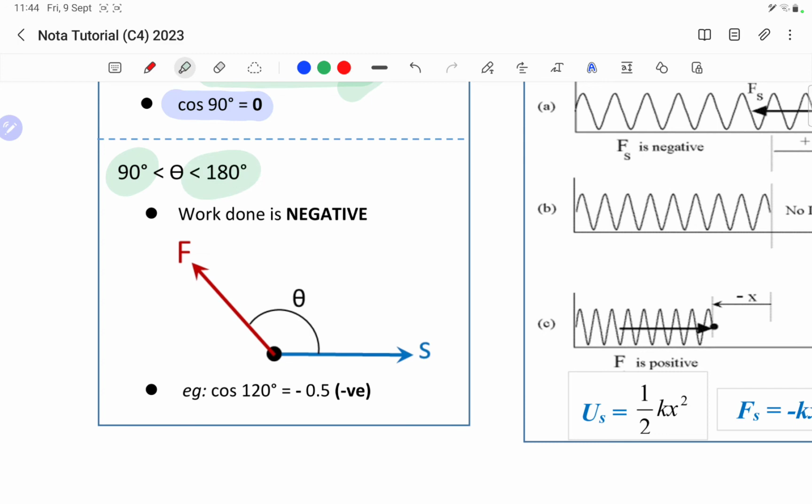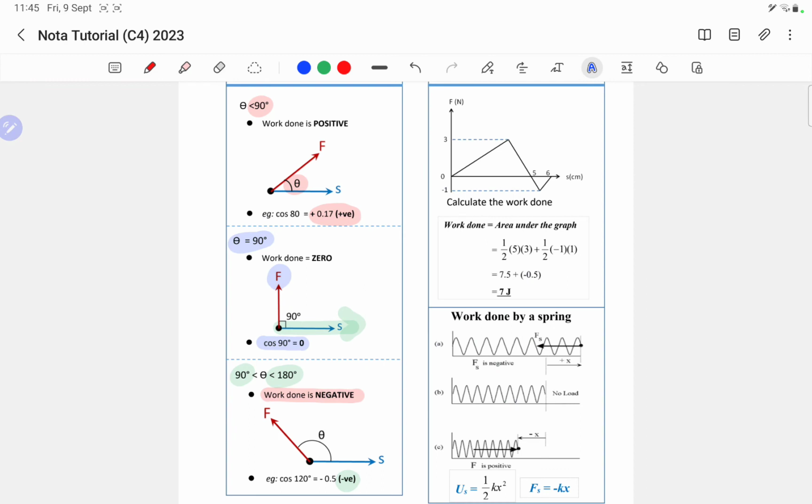Cos 180 you get a negative value, cos 130 you get a negative value, even cos 180 you will get negative 1. Here we can see the direction of the displacement is opposite to the force applied. So the force applied on the system in this case is opposing the displacement, so it is doing negative work done. Maybe you can think of it this way: positive work done adalah work done yang baik, negative work done adalah work done yang jahat.